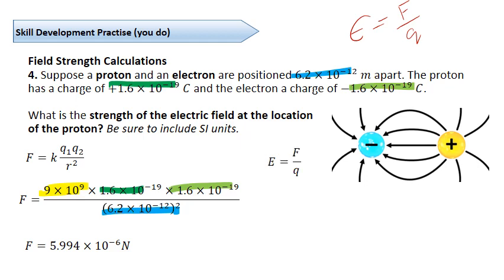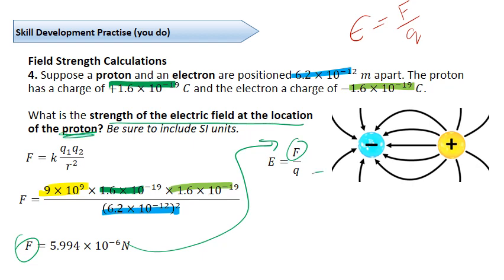Now, I've got to find the magnitude of my field strength using the formula E equals F on Q. The F in this equation is just my F from before, so I can substitute it in. It's asking for the strength of the electric field at the location of the proton, so when I substitute my charge Q, I'm going to substitute in the charge from the proton.